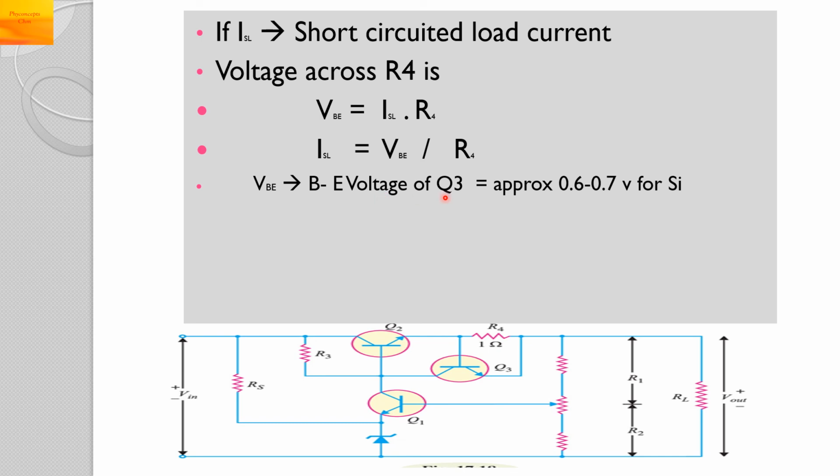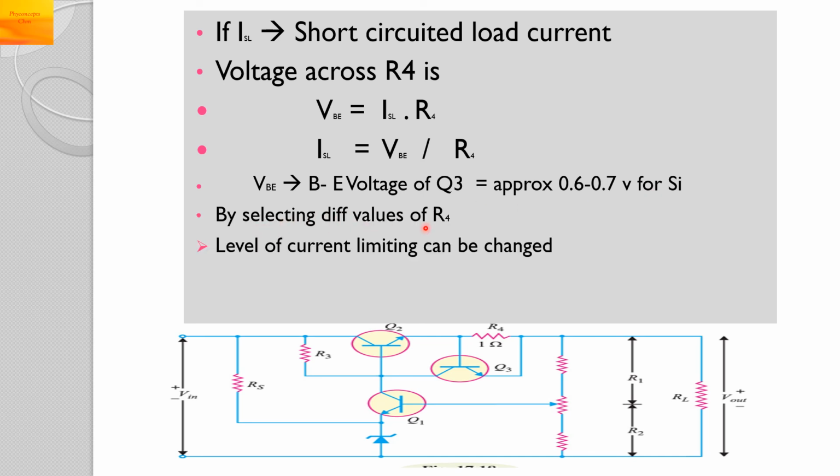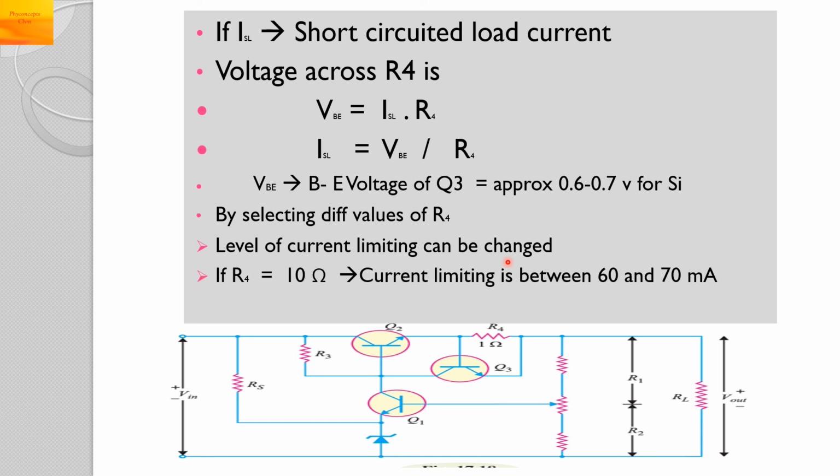VBE is the base emitter voltage of Q3, which will be approximately 0.6 to 0.7 volt for a silicon transistor. Now, by selecting different values of R4, the level of the current limiting can be changed. Whatever we want, we can fix it by choosing R4. If R4 is equal to 10 ohms, then the current limiting is between 60 and 70 milliamperes.